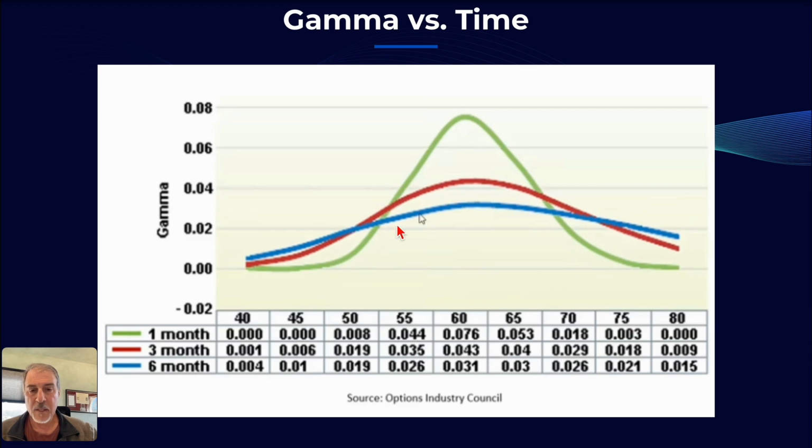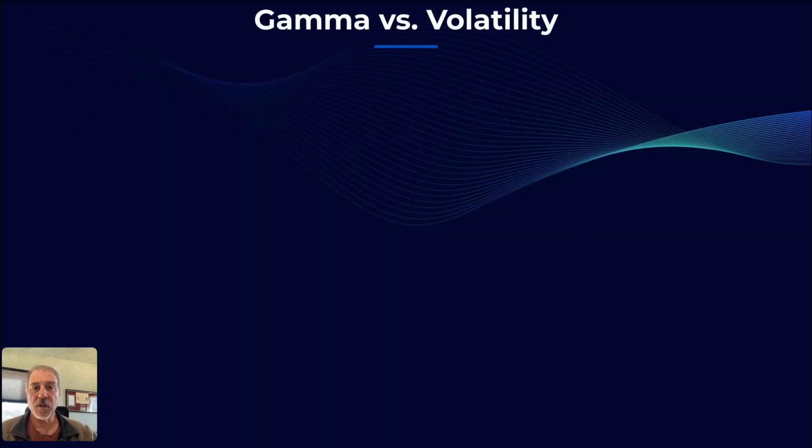At 3 months, our gamma is a little bit lower, and at 6 months, our gamma is lower yet. So again, the closer we get to expiration, the higher gamma is going to be. That means that as the price of your underlying moves, the value of your options is going to change faster, particularly if you're close to the money.